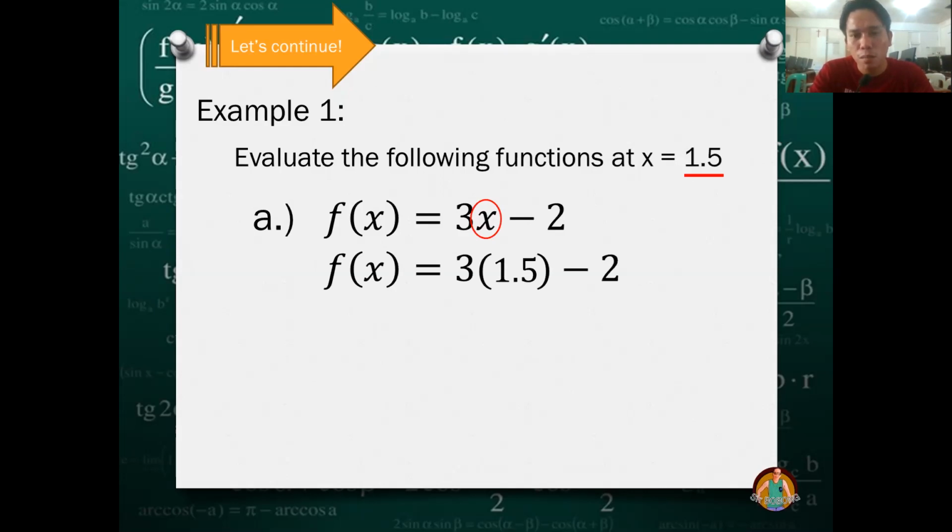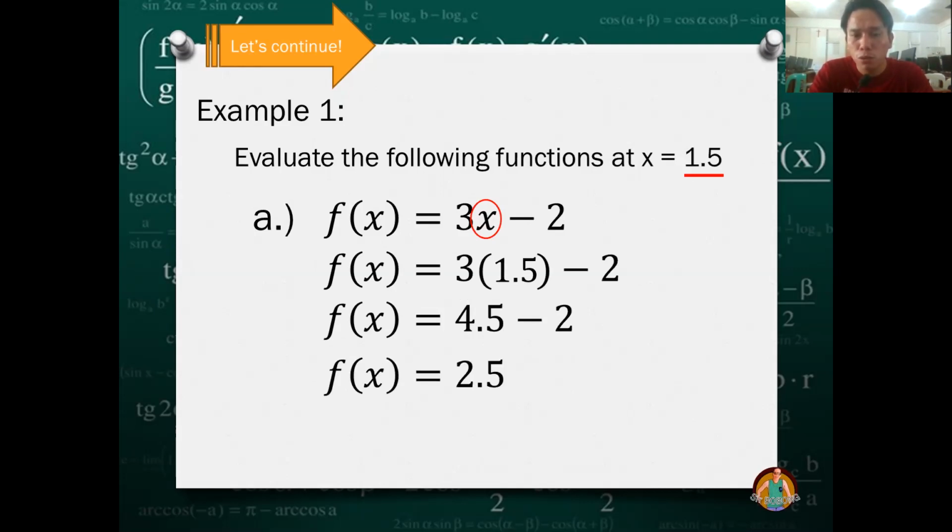Next, multiply 3 times 1.5 will give us 4.5 minus 2, and 4.5 minus 2 will give us 2.5. So our f of x is equal to 2.5 or our y is 2.5. So ano yung ordered pair natin? Ordered pair natin is x is 1.5 and y is 2.5. Okay? Let's continue.